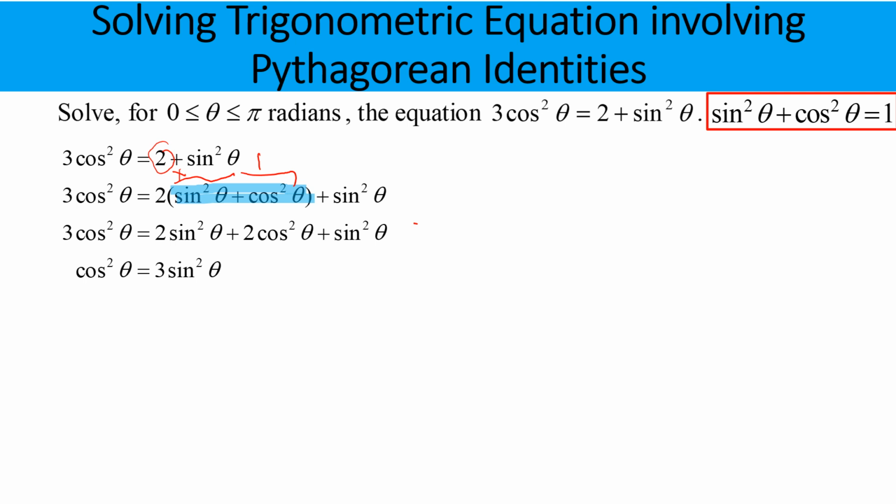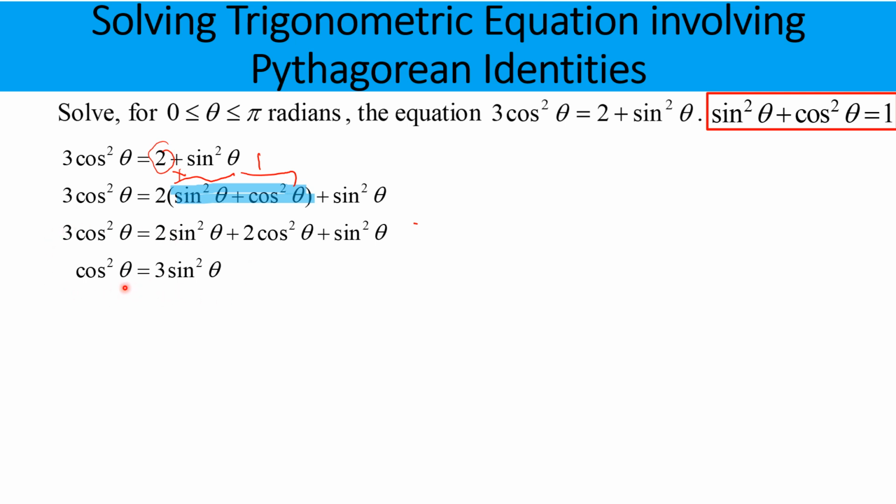This is a very useful strategy whenever we come across a constant value and we are trying to simplify it, so do take note of this tip. Once I have this, I can simply expand and simplify until I get cosine squared theta equals 3 sine squared theta.